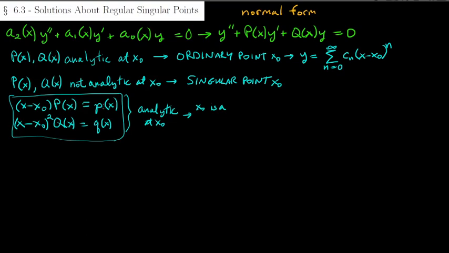But if lowercase p and q, that is if you multiply p by a linear factor of x and q by a quadratic factor of x, are now analytic, then x0 is called a regular singular point.